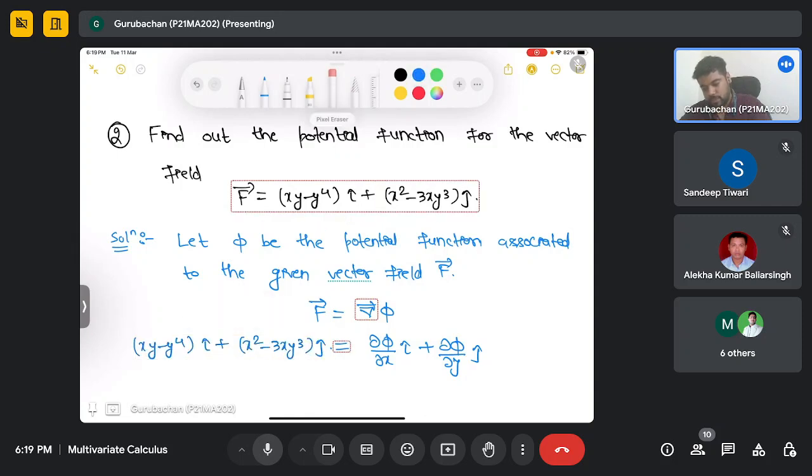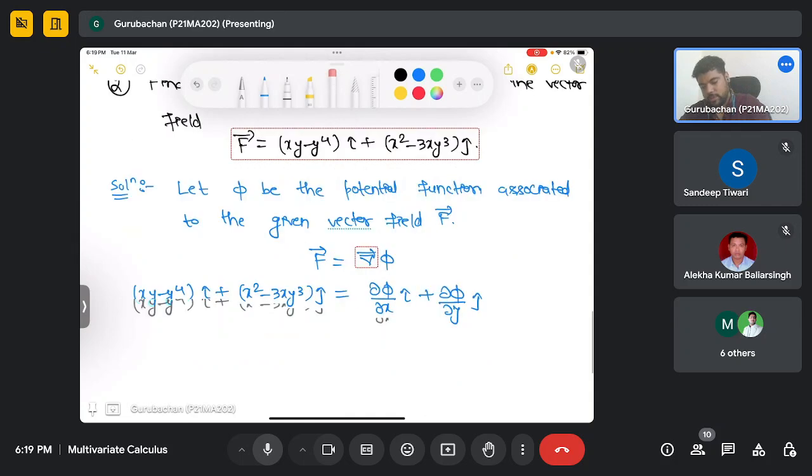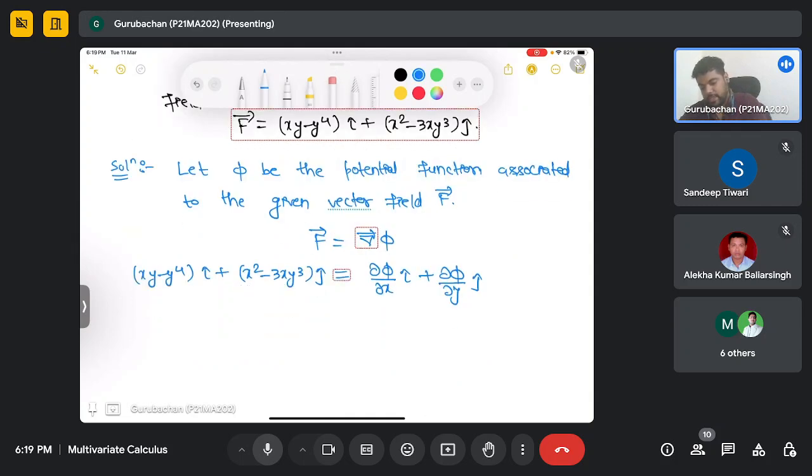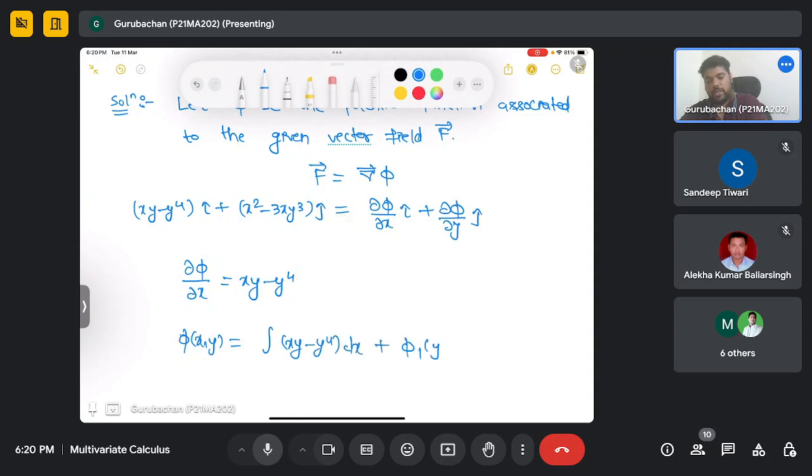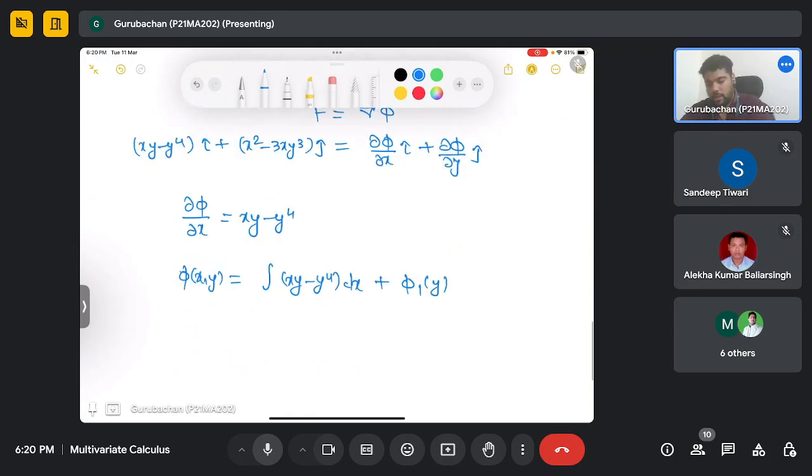So from here we can compare and we get del phi by del x as xy minus y to the power 4, which will imply phi x y to be the integration of xy minus y to the power 4 dx plus phi 1 in terms of y.